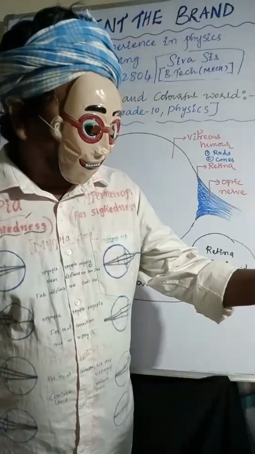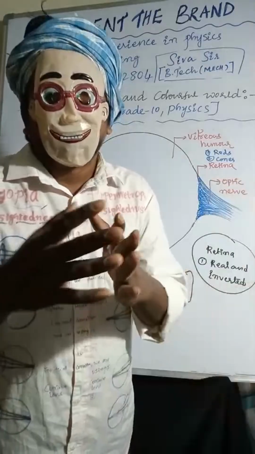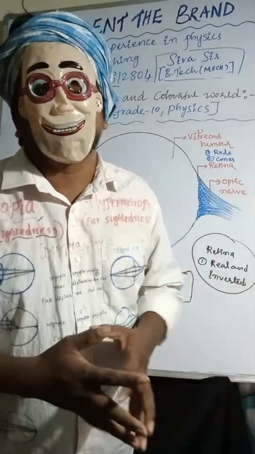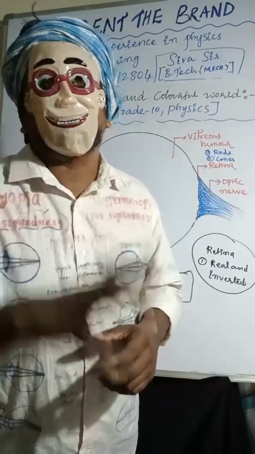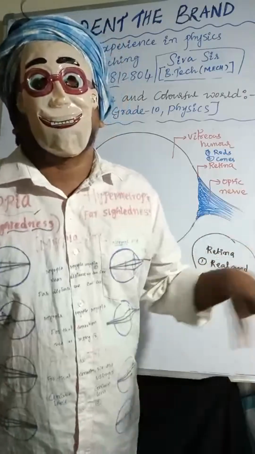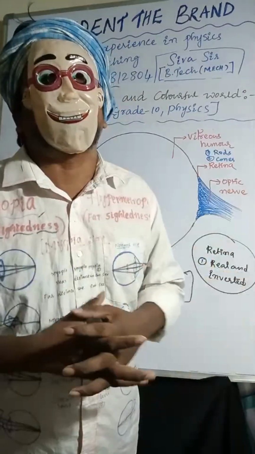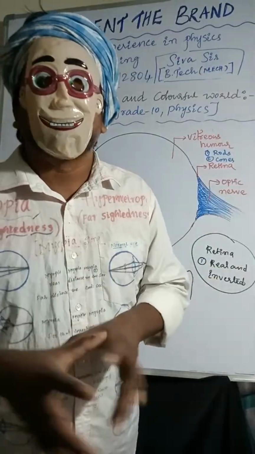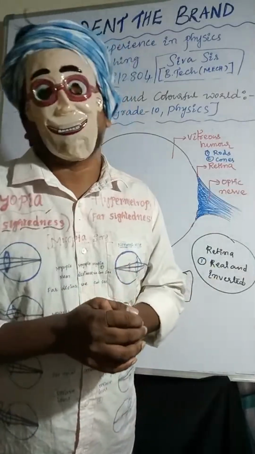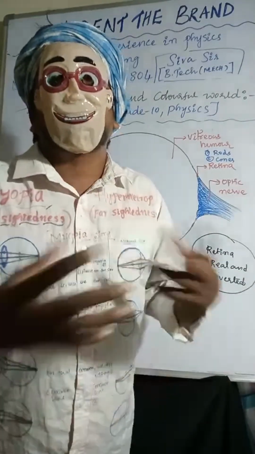So the near point is the minimum distance up to which a person can see clearly without any strain, so we can see the object distinctively. That is also called the least distance of distinct vision.